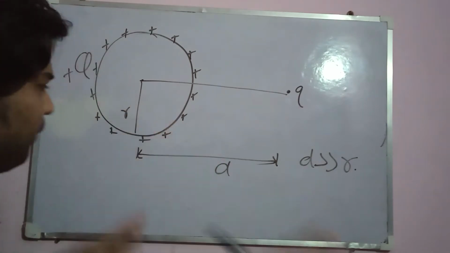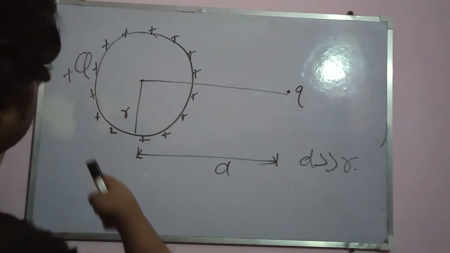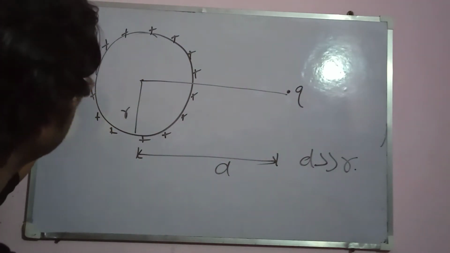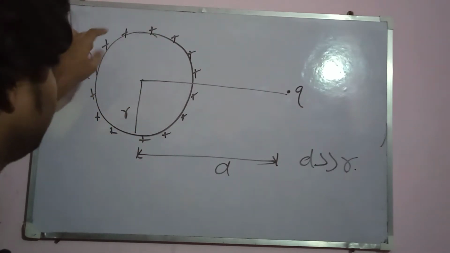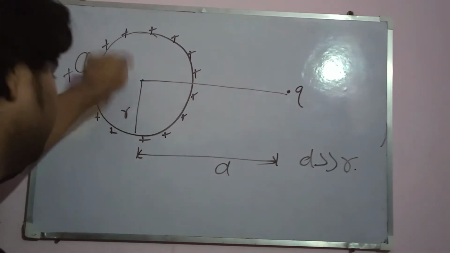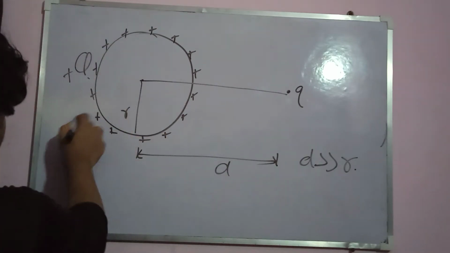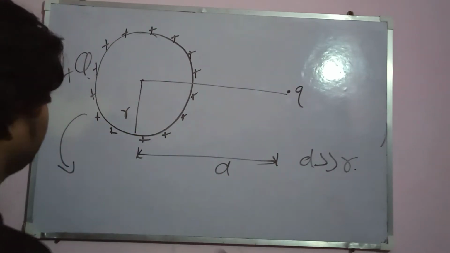So according to the First Shell Theorem, we can replace this conducting sphere having charge plus q over it by putting a point charge at its center, just like this. So the problem converts into a very, very simple problem.